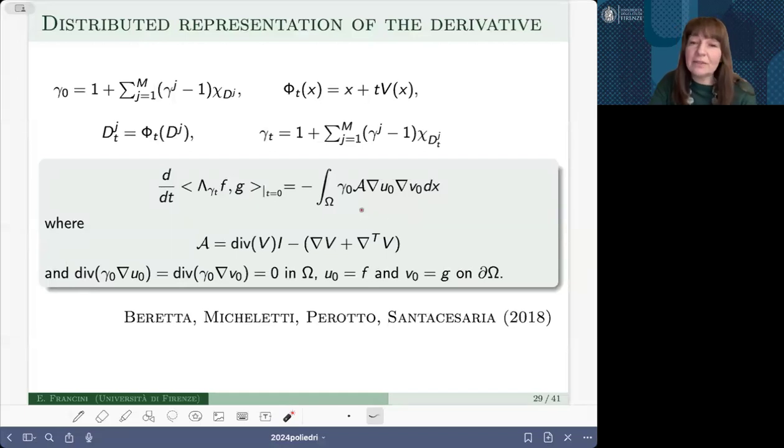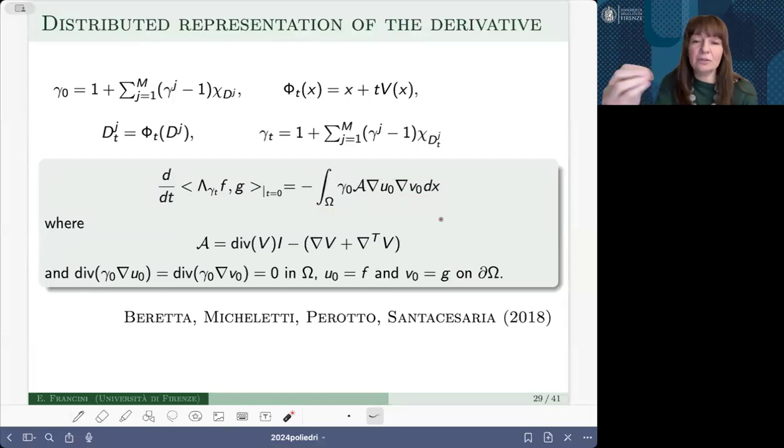I wanted to point out that this form of the derivative is difficult to use with our methods because the integral is in all the domain omega. And so the singularities that were outside cannot be driven inside the domain, because immediately you need to integrate something that you cannot integrate.